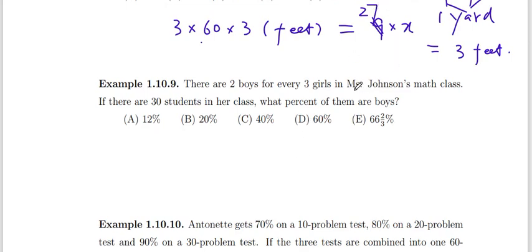Okay, so in Miss Johnson's math class, there are 2 boys for every 3 girls. So the ratio of boys to girls is 2 over 3.